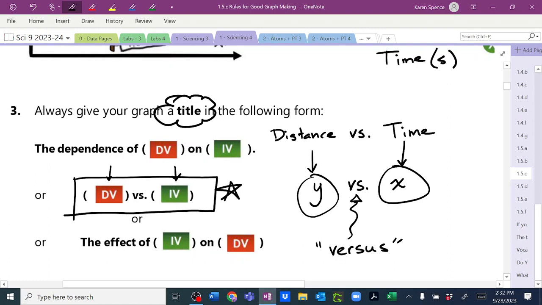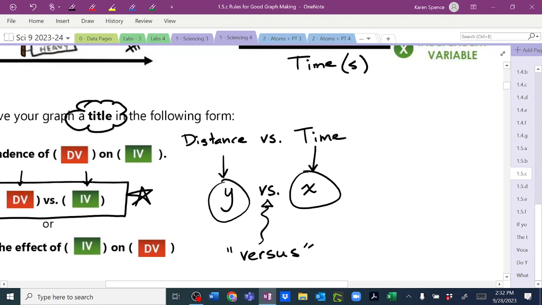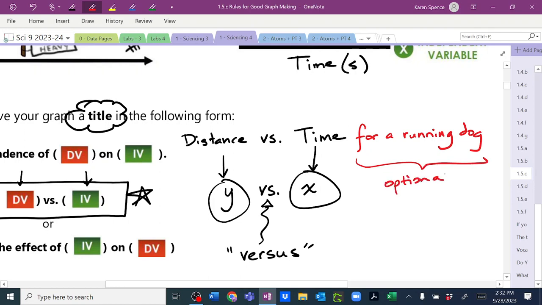And if you wanted to be more specific, you could add something like for a running dog. But for grade 9, I'm going to say that that's optional. Probably if you get into senior physics, they'll want you to be more specific, but that'll do for grade 9.